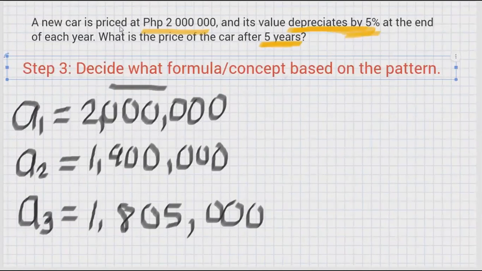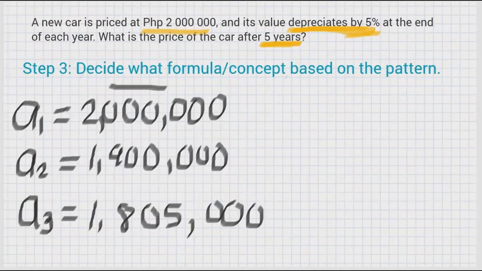So step 3, we have to decide what formula or concept to use based on the pattern. Look at the pattern. What is the pattern being shown in the sequence? Could this sequence have a common difference?